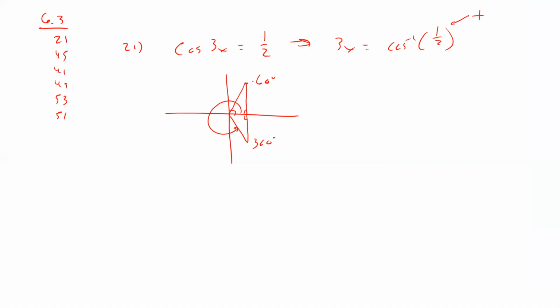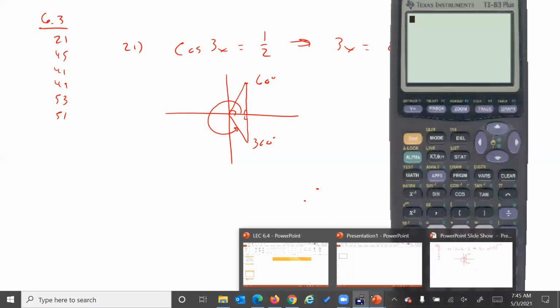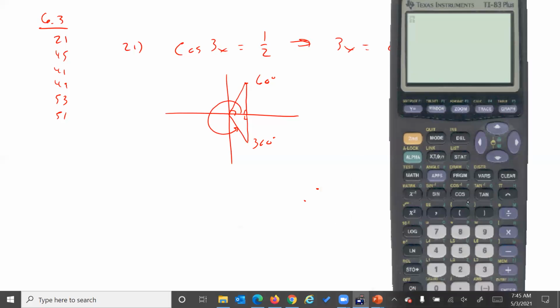Reference angle you want always in quadrant 1, because once you put it in quadrant 1, you can do the rest of them out of that. So I'm going to go with cosine inverse, second function, and 1/2 or 0.5. Either one is just fine. And you should get that little guy right there. Once you do that, the rest you have to calculate depending on which quadrant you need to get to. Are we good there?